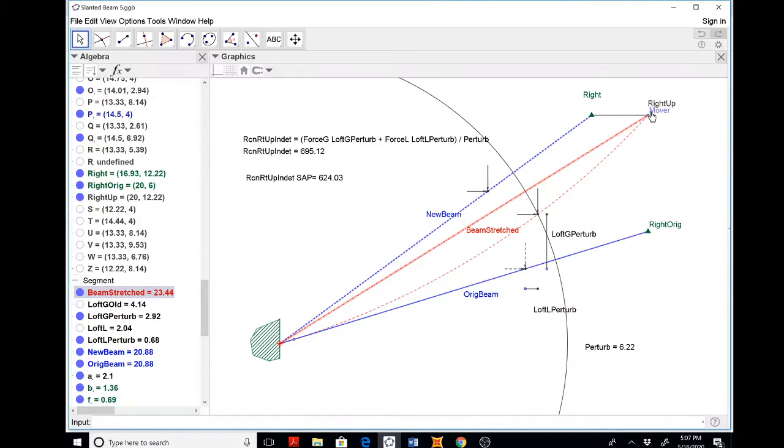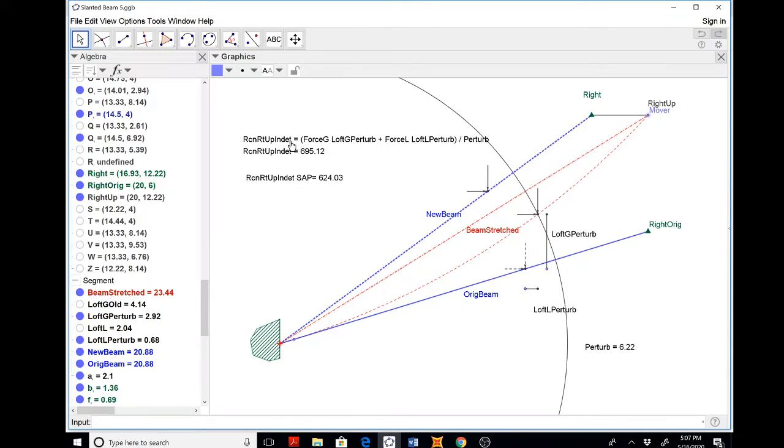So 2/3 of that stretched beam, you could see right there, that load follows on this arc, which is 2/3 of this beam, the stretched beam, instead of 2/3 of the circumcircular arc. So that seems perfectly reasonable to me.